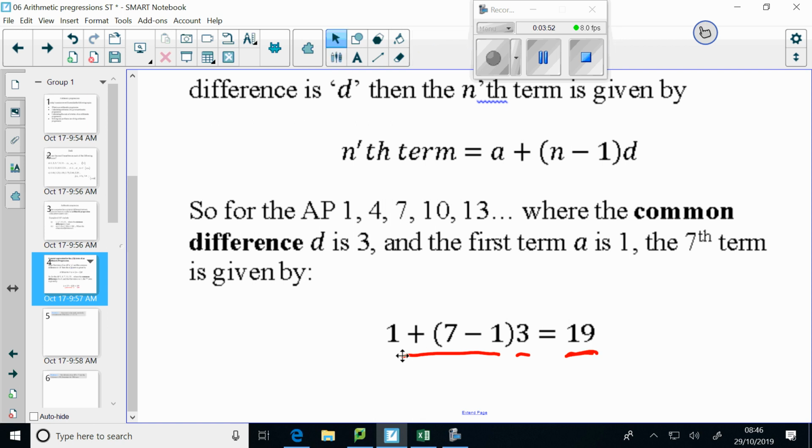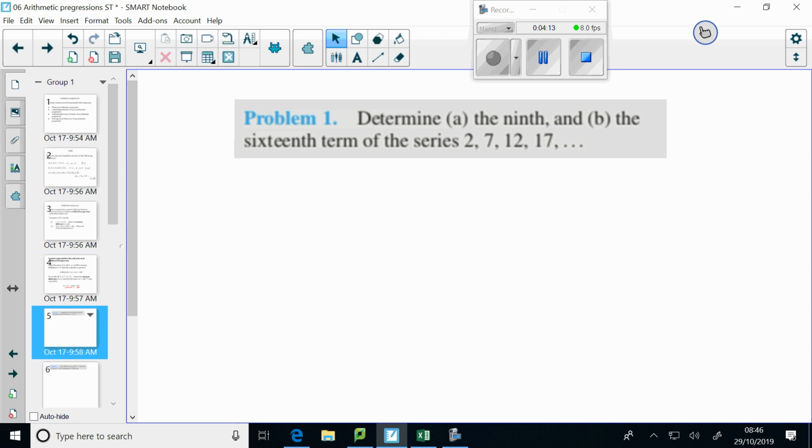If you add the expressions up to the seventh term, we've got 5 terms there, so the next term will be 16 and the seventh term 19. You're all okay with that? Yeah? So, that's the formula we're on at the moment. Let's have a look at some example problems.